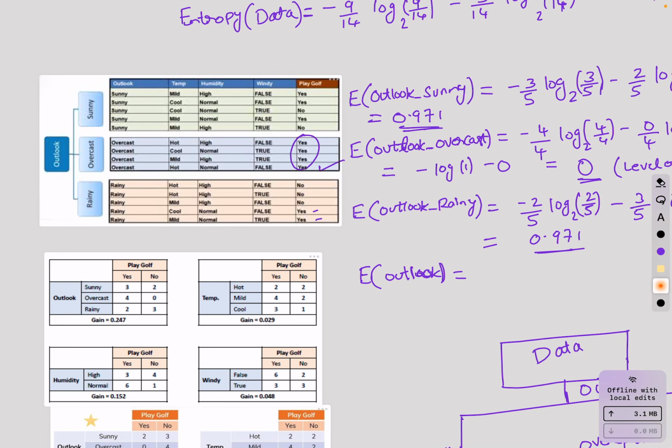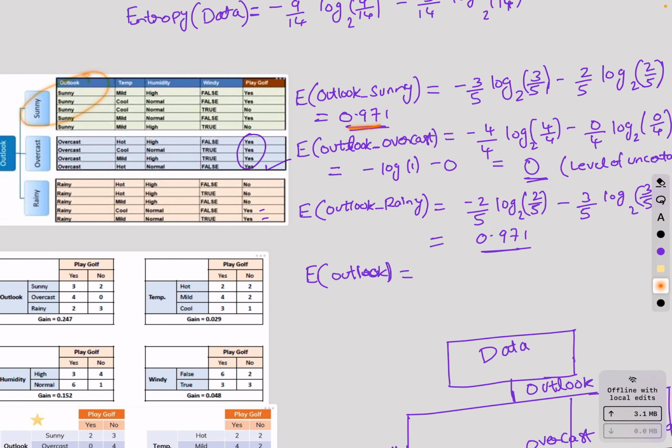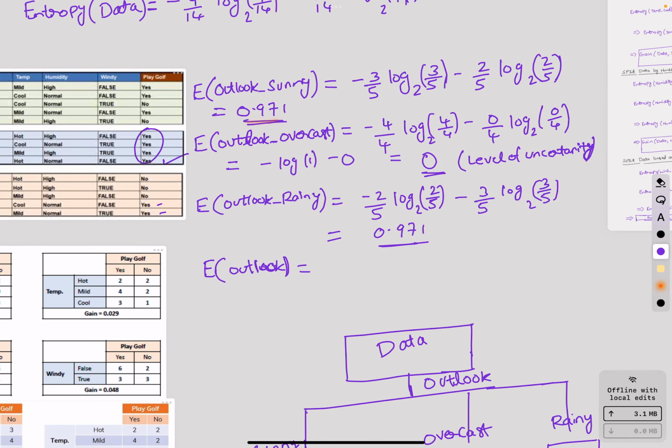Totally there are 14 records. Out of these 14, 5 belong to Sunny, and for Sunny, the entropy is this. So 5 out of 14 records belong to Sunny, and the Sunny subset has an entropy of this much.